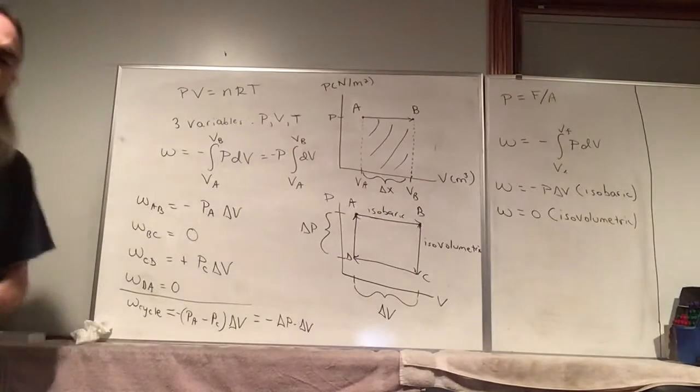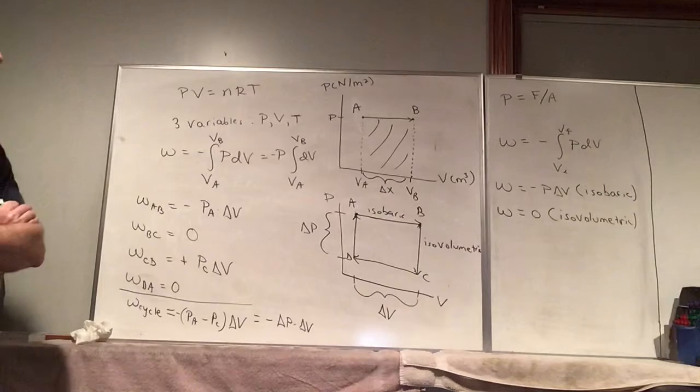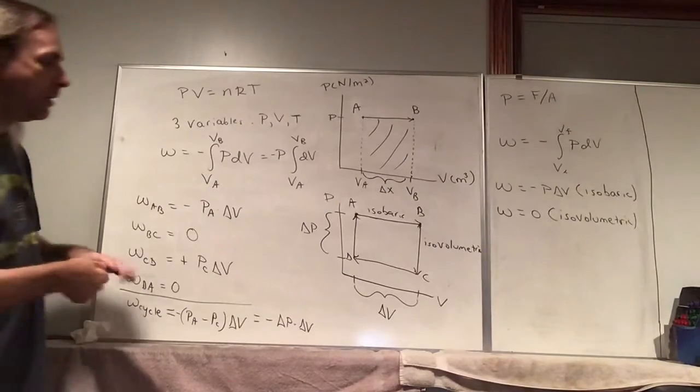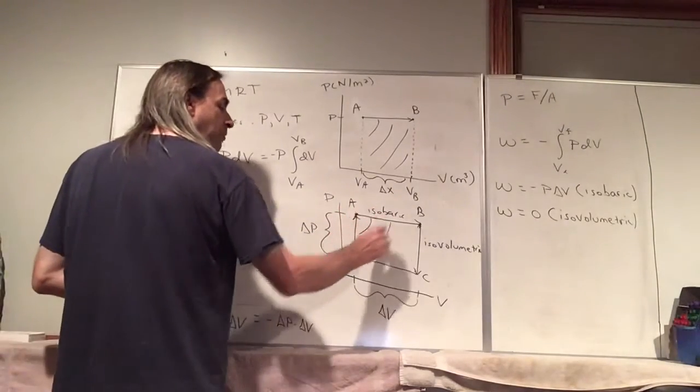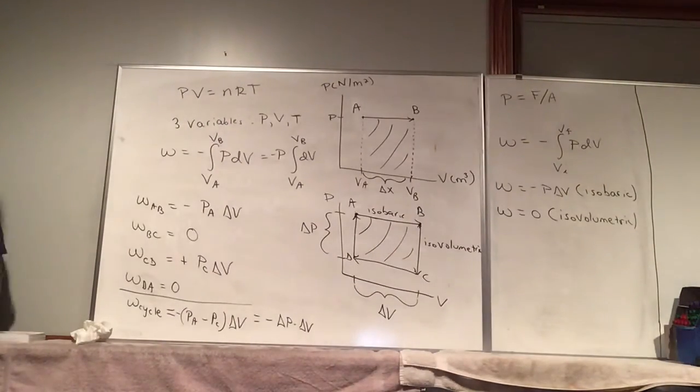Now that's for this particular kind of rectangular process in the PV diagram. But if we look at this delta P times delta V, that'd be the area of this rectangle. And again, this result is true in general.